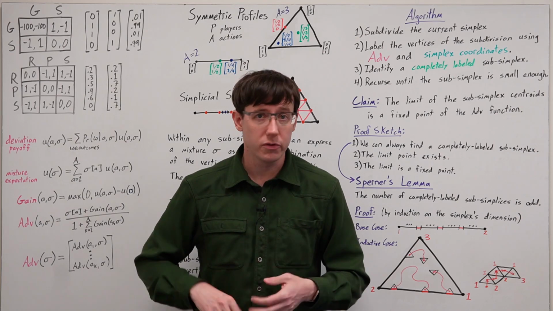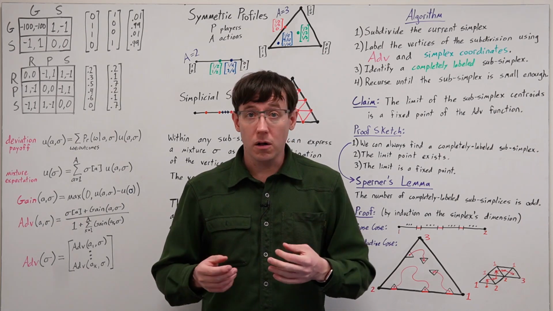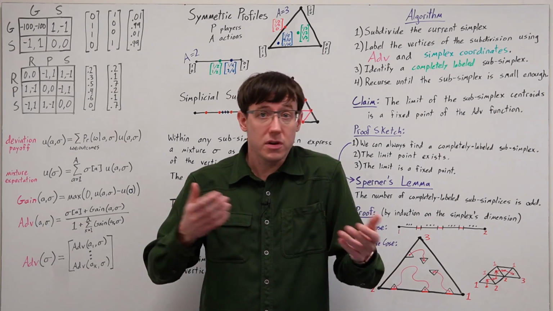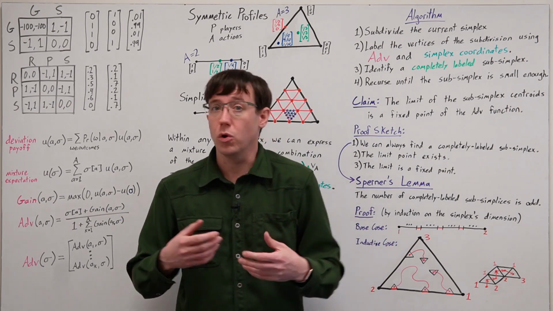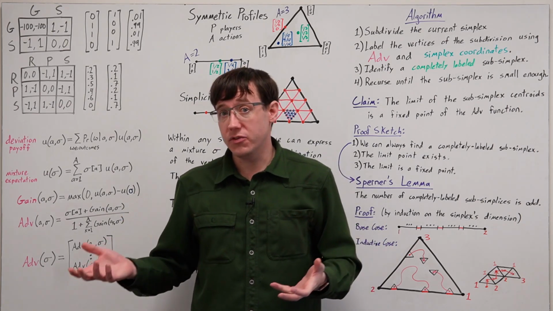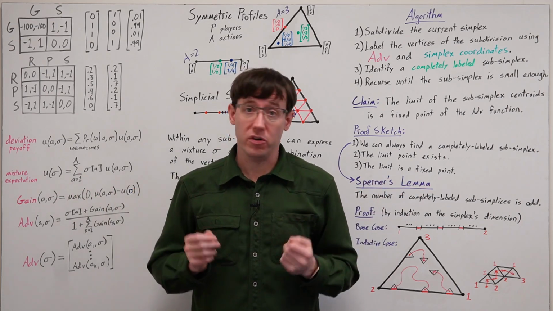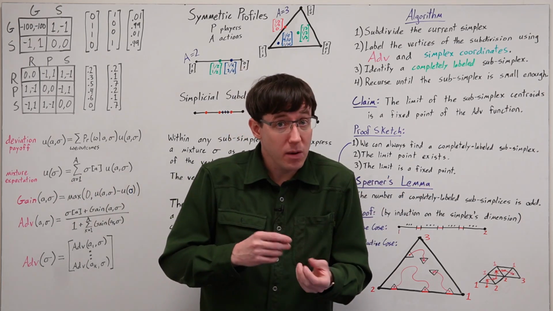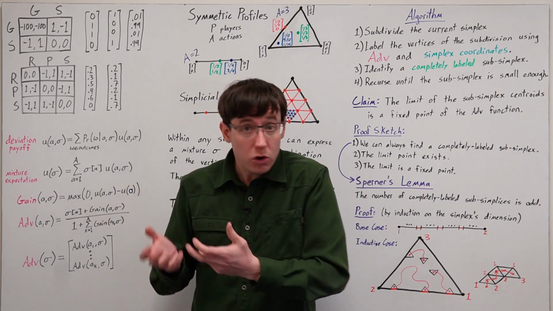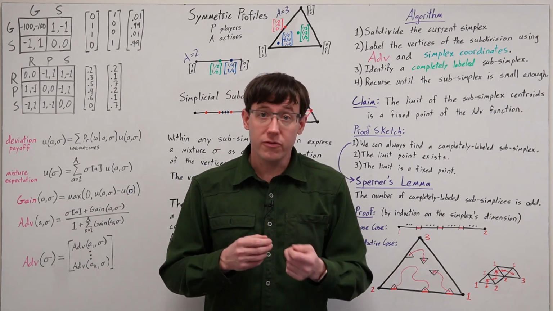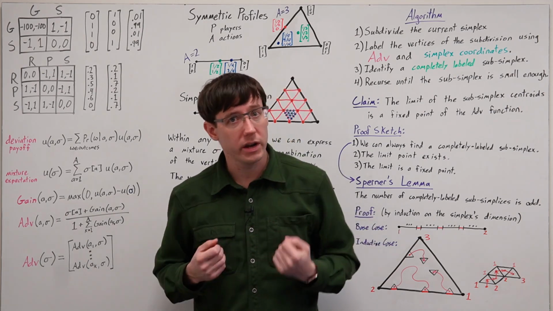Many of the games we've seen are symmetric. Chicken, rock, paper, scissors, and Prisoner's Dilemma are all examples where it doesn't matter if you are player 1 or player 2. But the idea of symmetry extends to any number of players. If I have a game with 100 players, it could still be symmetric if it doesn't matter which player is which.